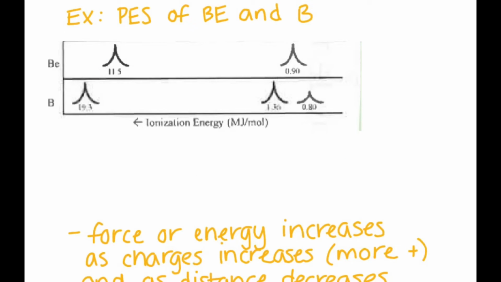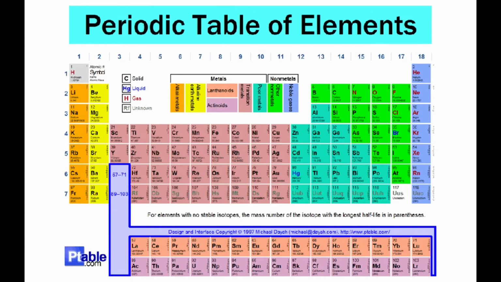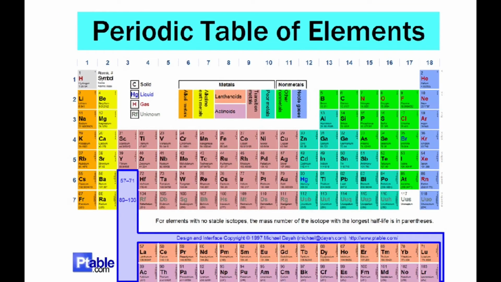So here's an example of the photoelectron spectrum of beryllium and boron. And if we take a look at our periodic table, we see that beryllium and boron are both in the same period, period 2, but beryllium's electronic configuration ends in 2s2, whereas boron's ends in 2p1.